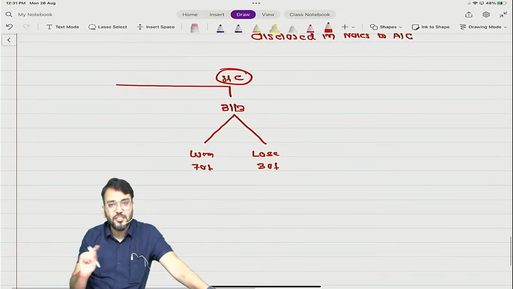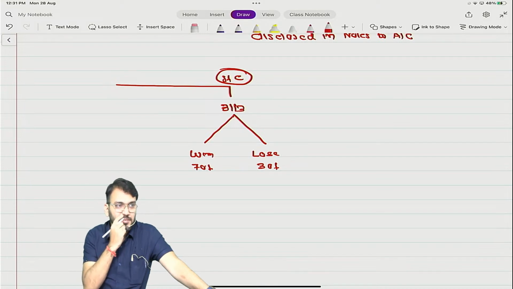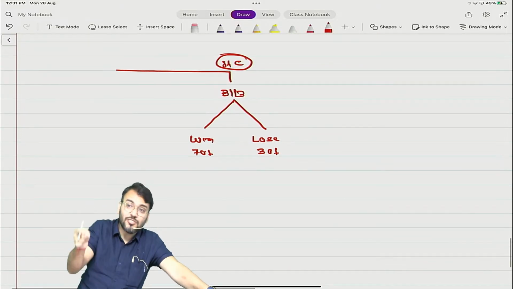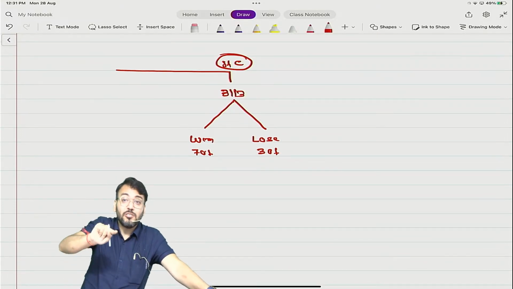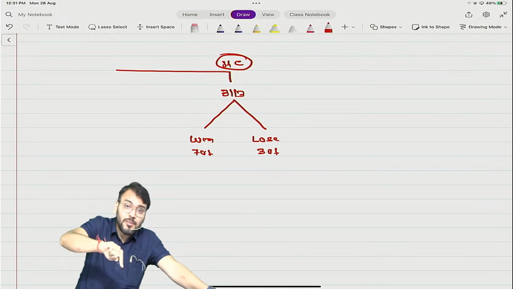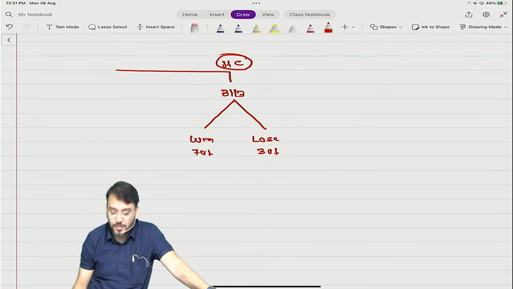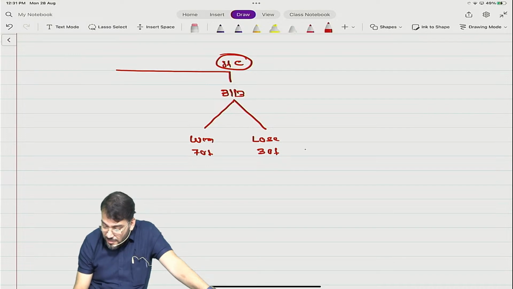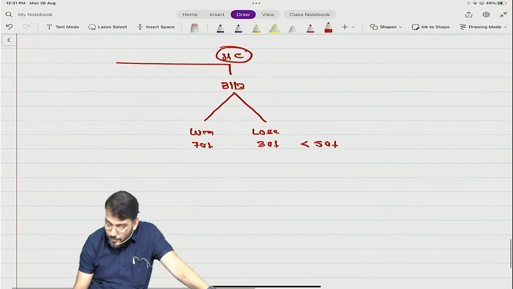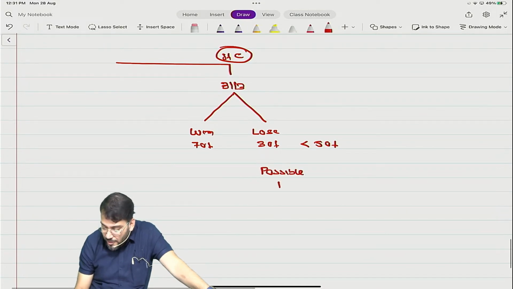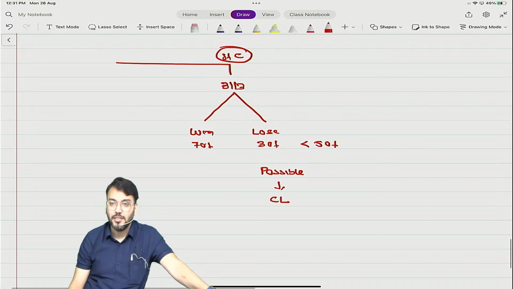Here it is a present obligation or possible obligation. Chances of loss now. You say chances of loss is more than 50% or less than 50%. So chances of loss is less than 50% and therefore it is a possible obligation and therefore it is a contingent liability. Understood?